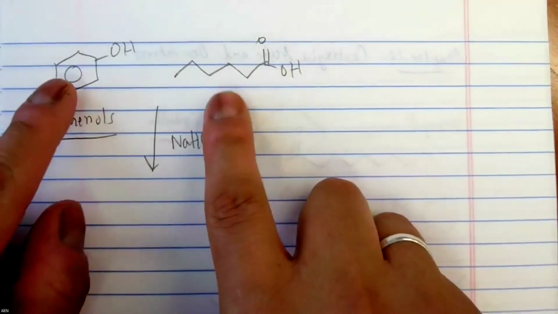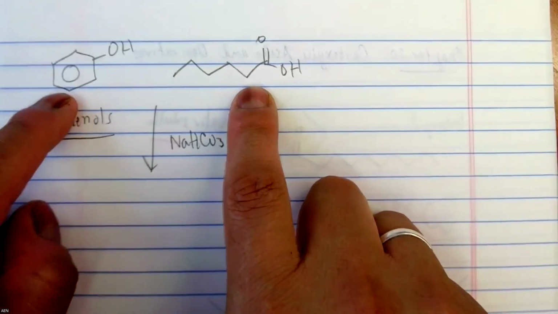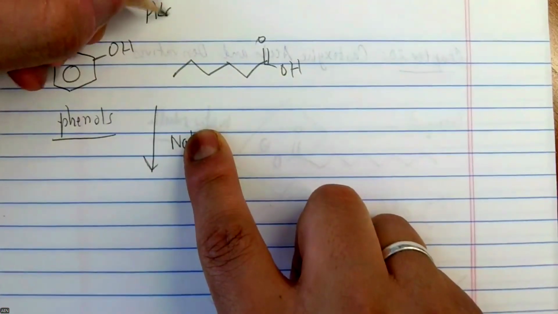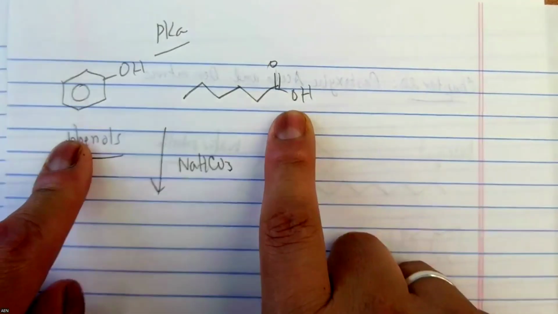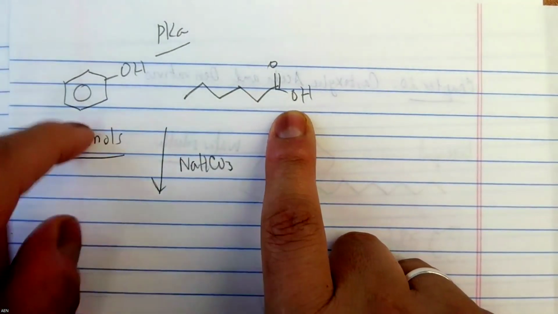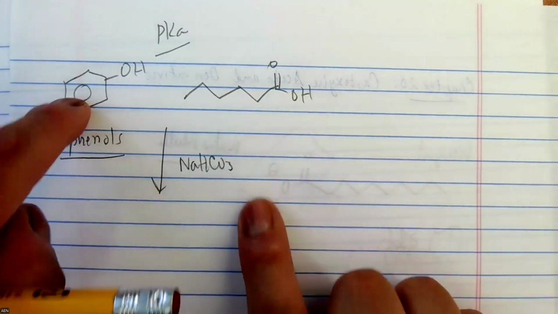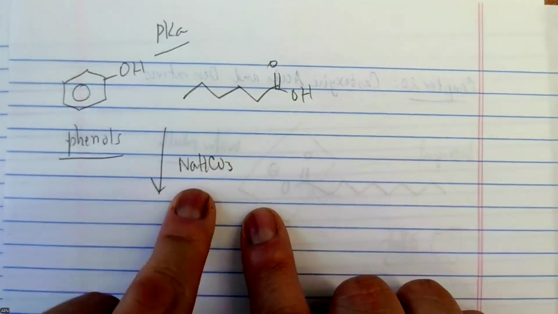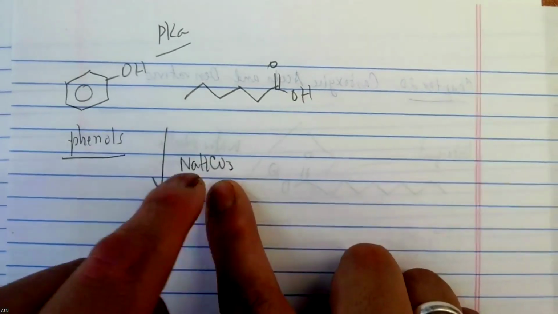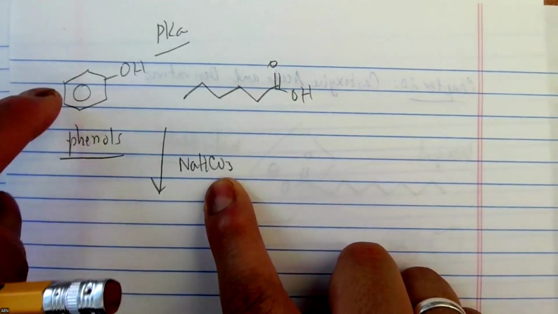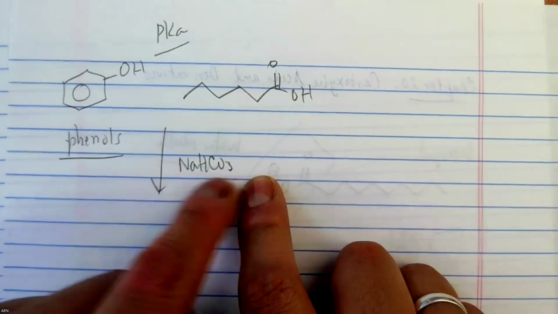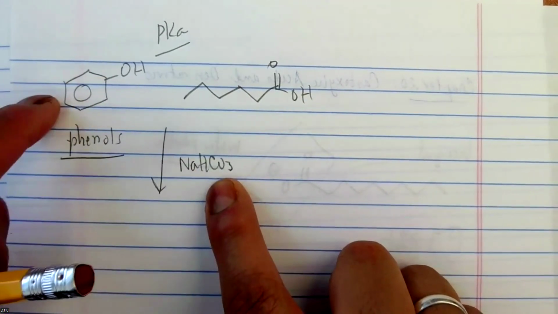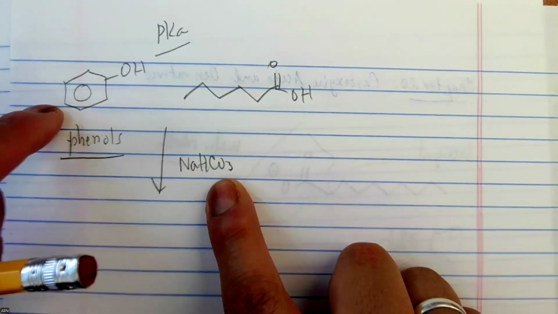Because of the differences in pKa, right? Remember, guys, pKa from Gen Chem. Because of the difference in pKa between the phenols and the carboxylic acids, the phenol will not react with the sodium bicarbonate. Why? Because this one is a weak acid. So for a weak acid, you need a stronger base. But this guy is not that strong to deprotonate phenol.